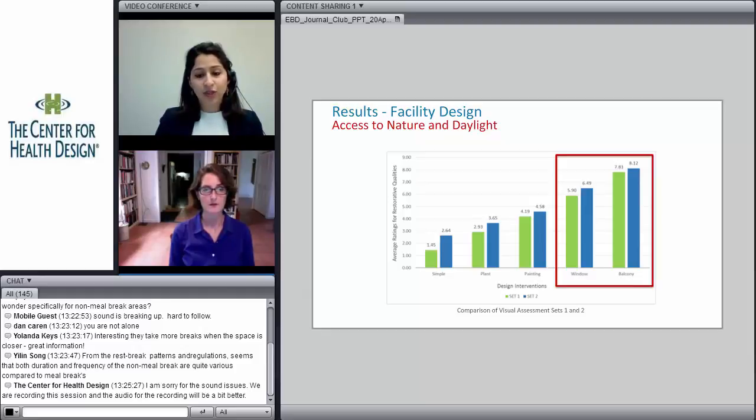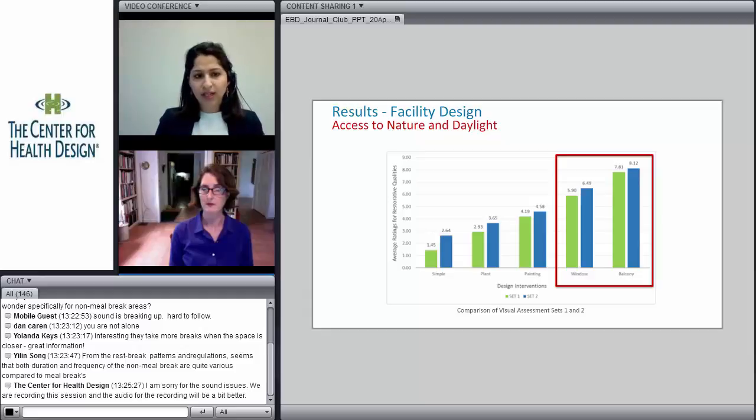And this was true for both sets. Set 1 is green, set 2 is blue, and as you look at the graph, very systematically the restorative quality ratings go up from a simple room, to a room with plant, to a room with painting, to a room with window and balcony.